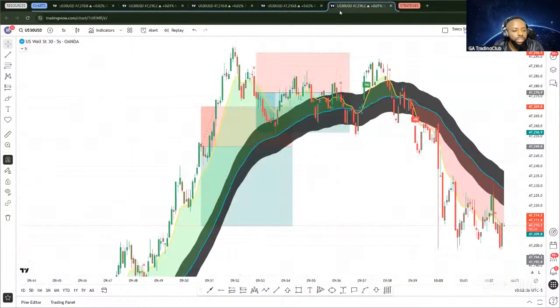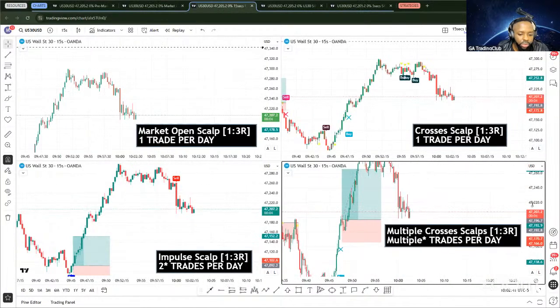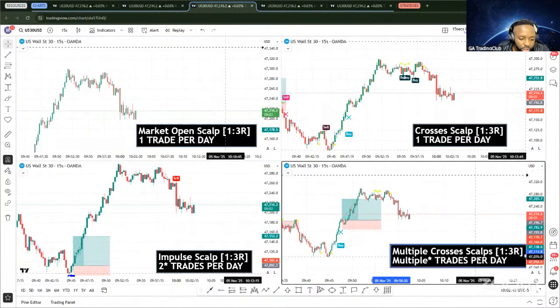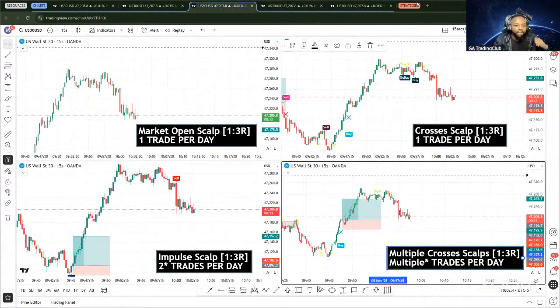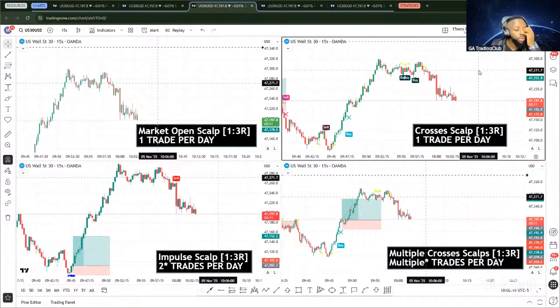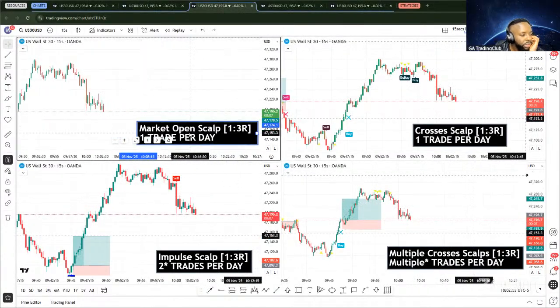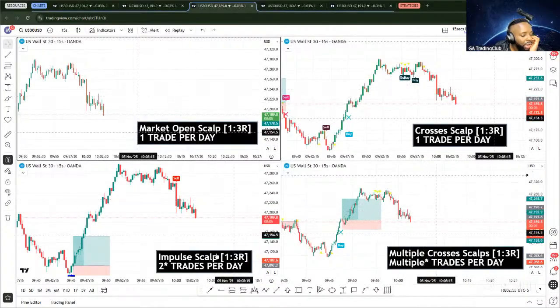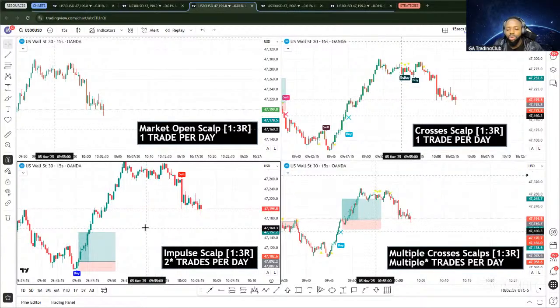All right, let's see if we'll get any other scalp entry here. I may have to separate this into two separate charts because I don't like the way I have to keep zooming in and out. We had another impulse entry here, but for this impulse trade, again, I only take the first two trades of the market open.